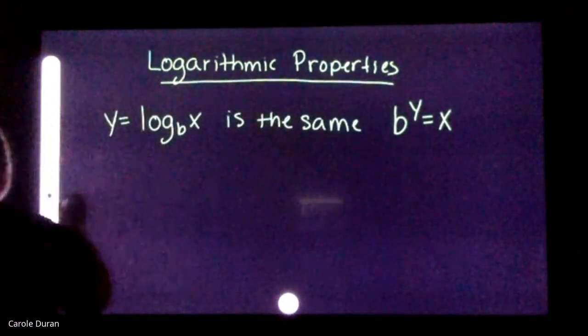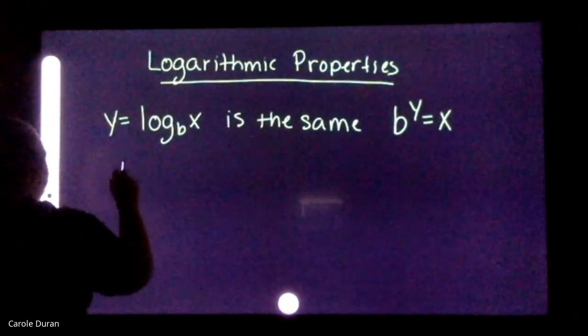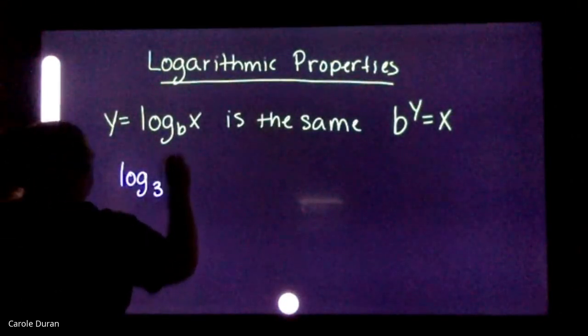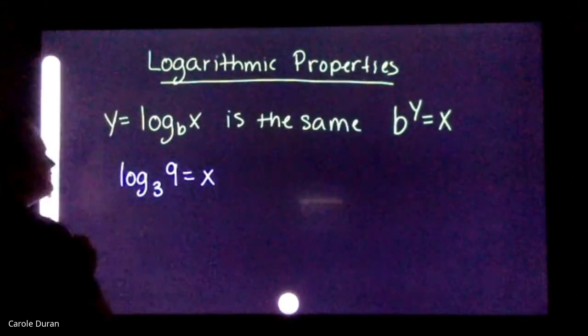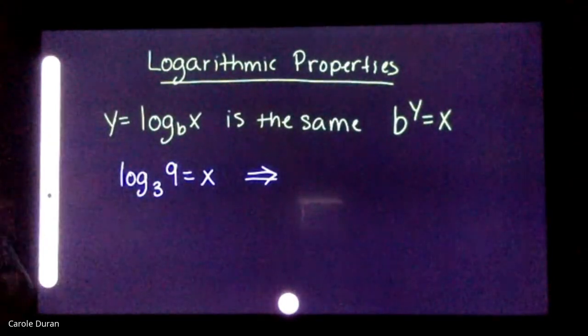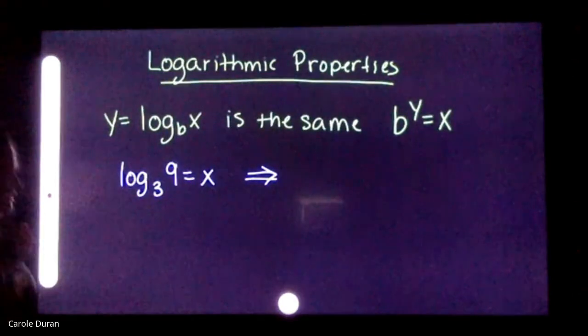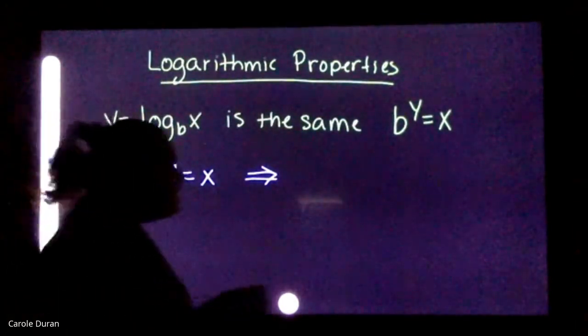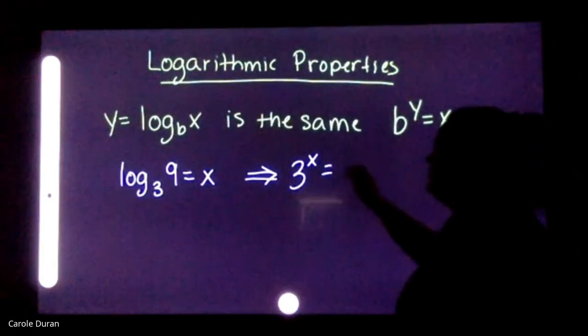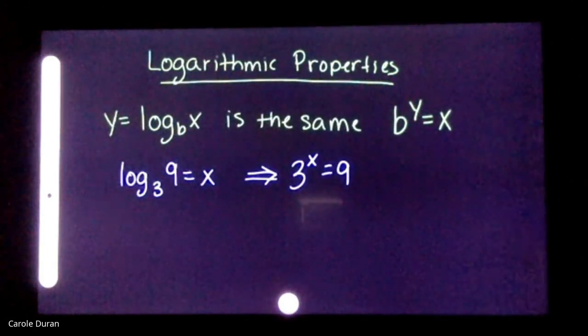So for example, if I have the function log base 3 of 9 is equal to x, when I'm looking at it like this, it looks completely foreign to me. Like I have no idea what to do with it. But if I rewrite it as its equivalent exponent, then I get 3 to the exponent x equals 9.